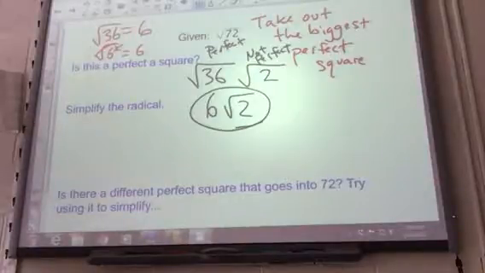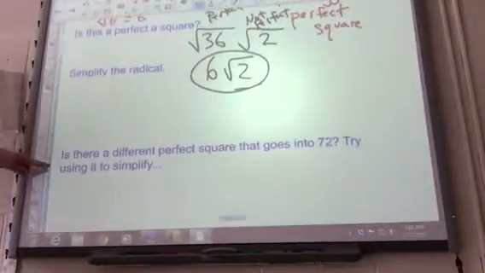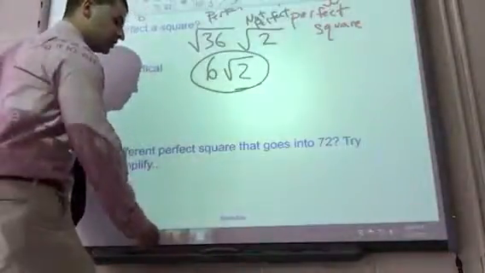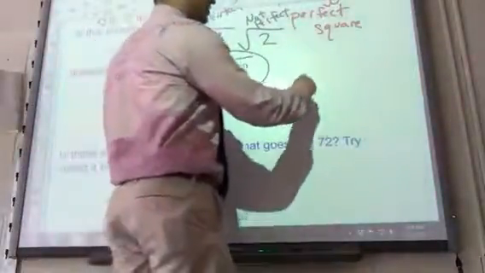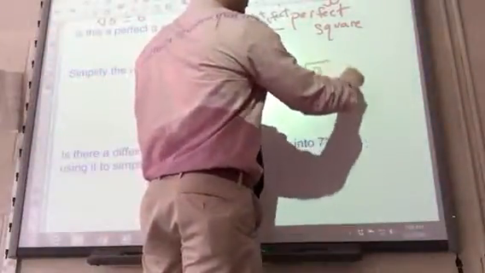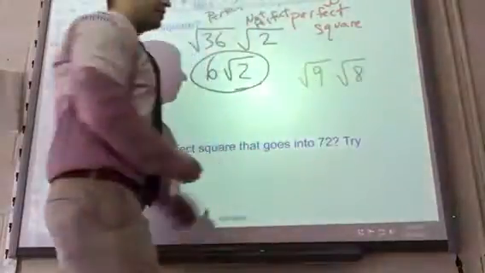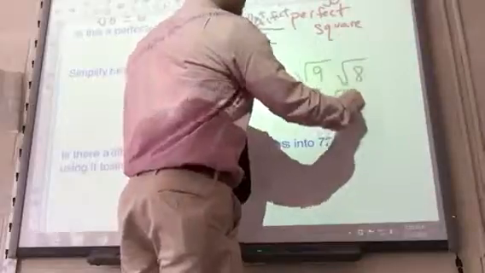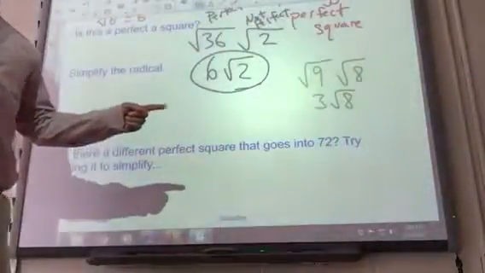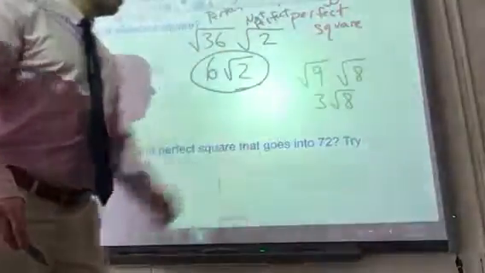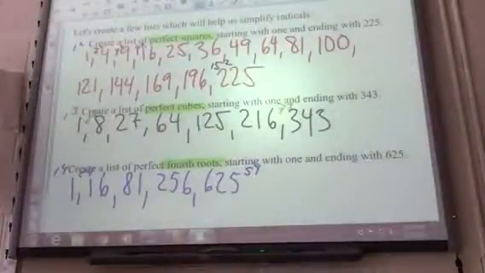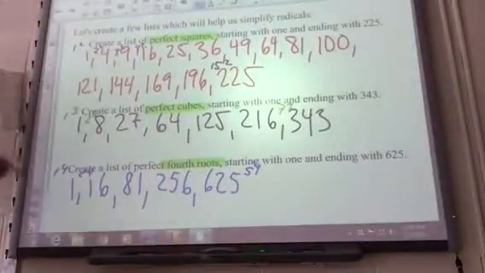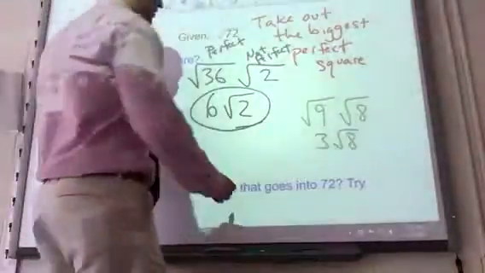Now say you picked a different perfect square, one that's not the biggest one. Say I picked 9, because 9 goes into 72 8 times. Square root of 9 is 3, because 3 times 3 creates 9. But that's not fully simplified, because if you look at 8, and then you look at your perfect square list, 4 goes into 8. So we'd have to simplify it again.